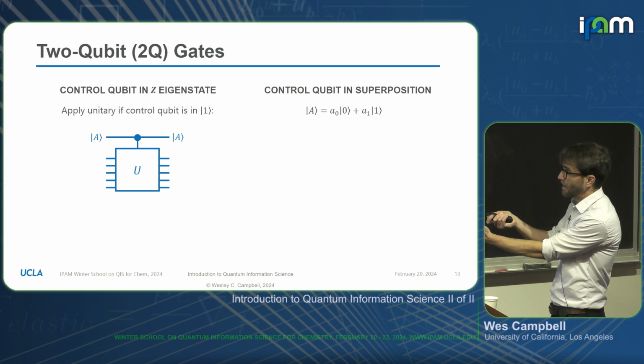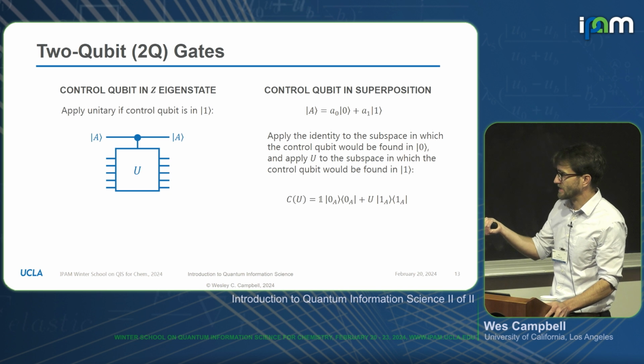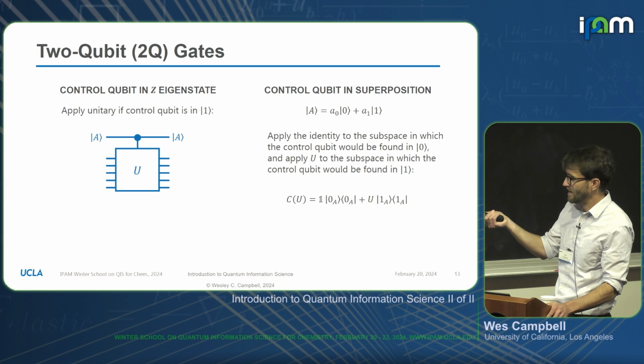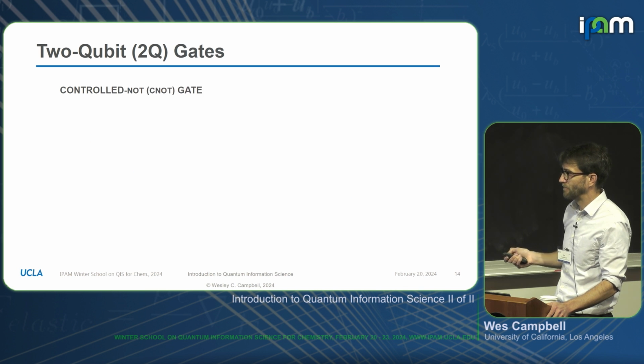Okay? So if the control qubit's in a superposition, mathematically that's what this looks like. Okay? Something like this, where we project onto the 0 state and we do the identity on everything. If the control qubit's in the 1 state, we project onto the 1 state and we do this unitary, whatever it is, to everything else conditioned upon that thing being in the 1 state.